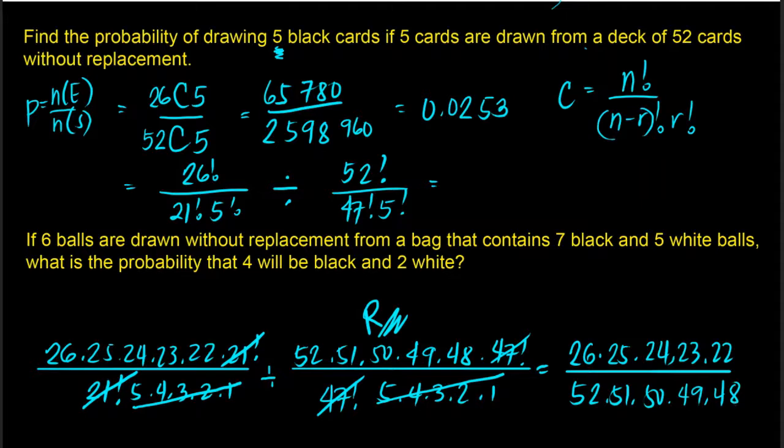So, let's just check if it follows. Our answer was already solved. 52, 51, 50, 49, 48. Okay. The fraction we get is a bit weird. It's 253 over 9,996. But, as you can see, the decimal is still the same.